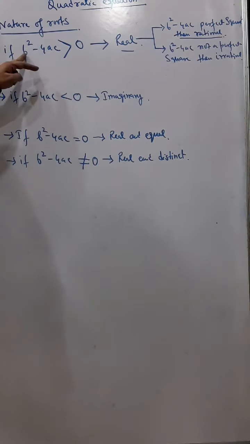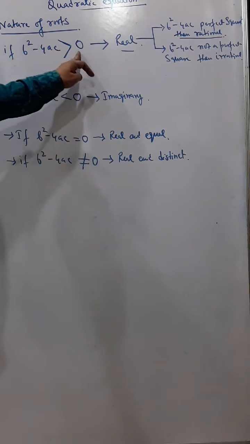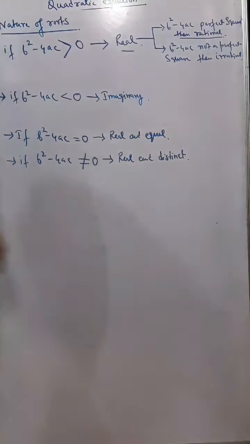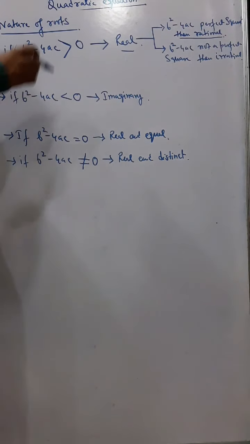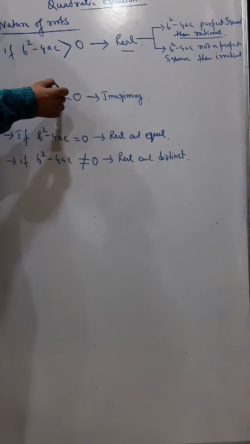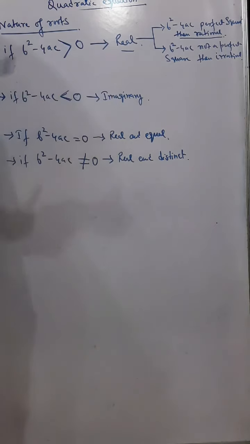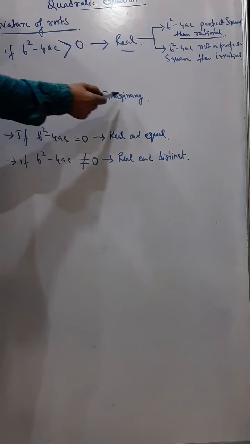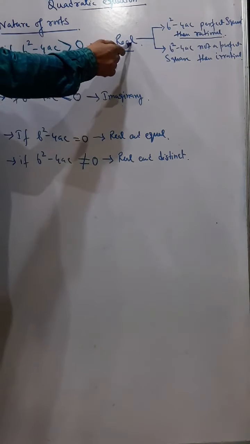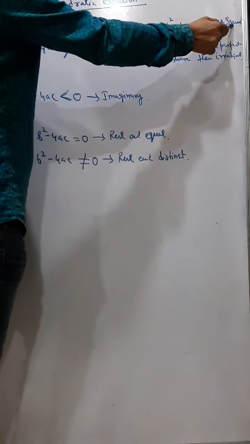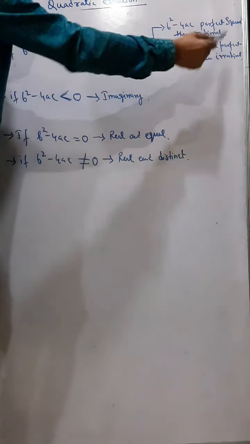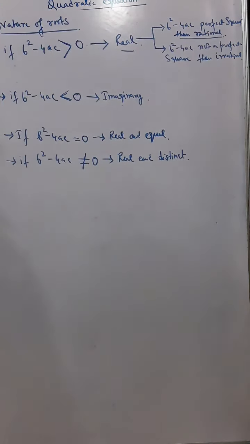And if it is greater than 0 and not a perfect square, then it is irrational. Understand? Similarly, if it is less than 0, then it is imaginary. So if it is greater than 0, it is real. Less than 0, it's imaginary. If it is real and also a perfect square, then it is rational. And if it is not a perfect square, then it is irrational.